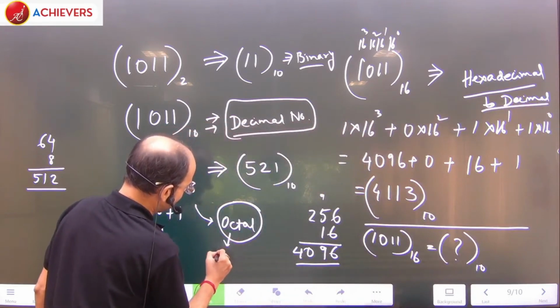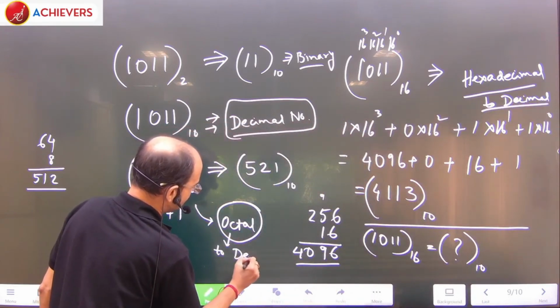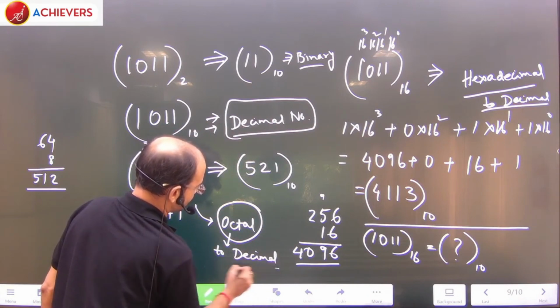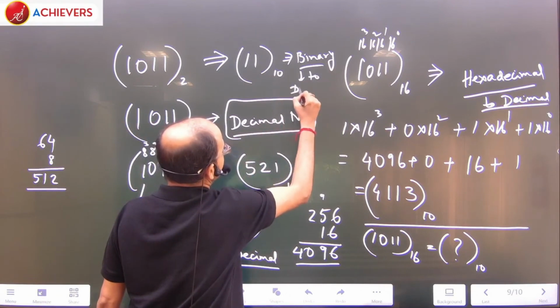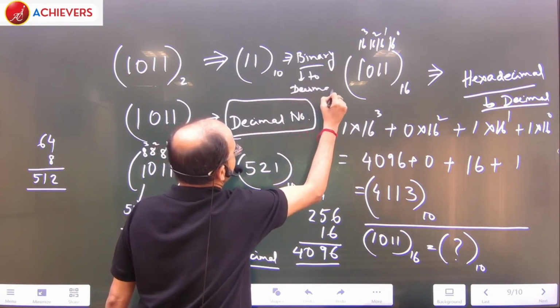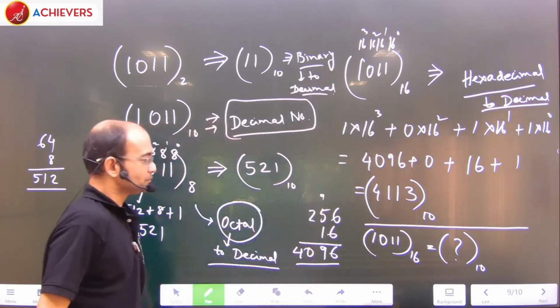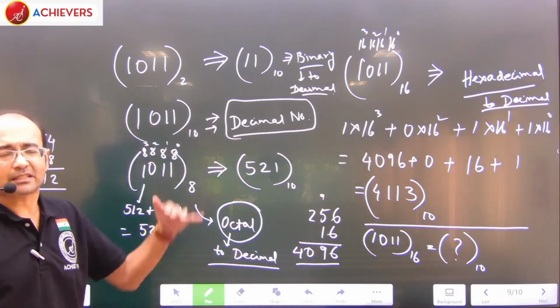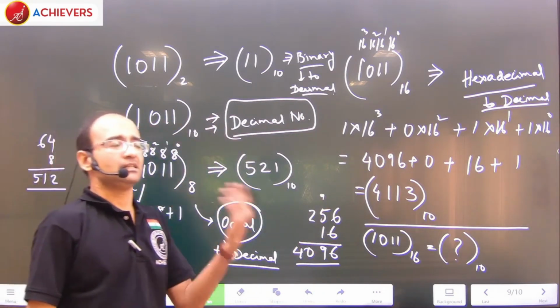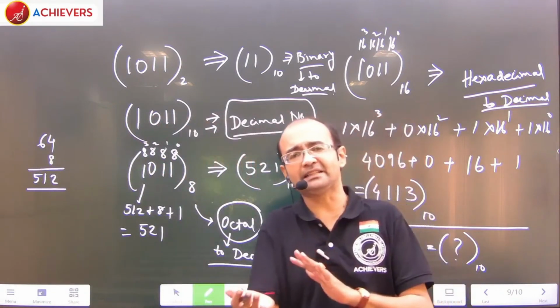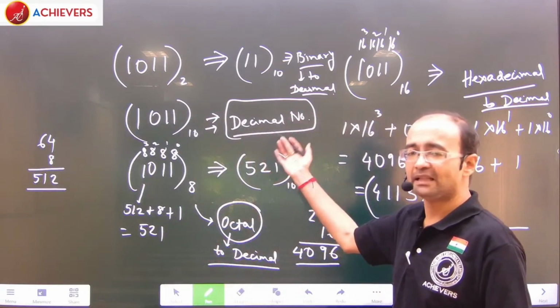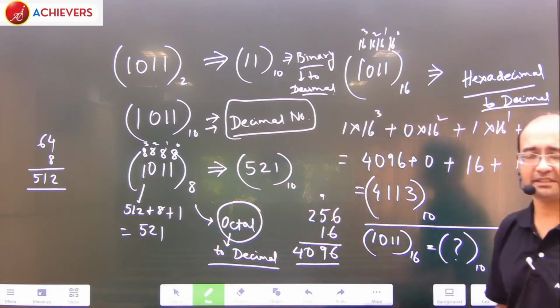This is octal to decimal, and this is binary to decimal. So this is in total the decimal number system converted to binary, octal, and hexadecimal respectively.